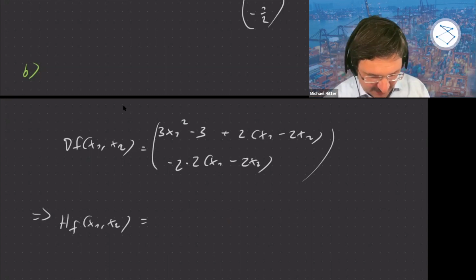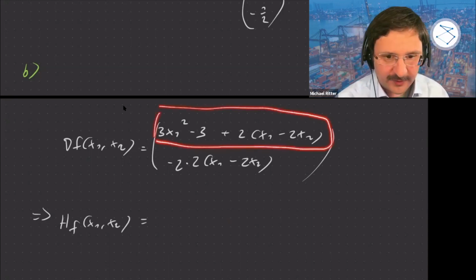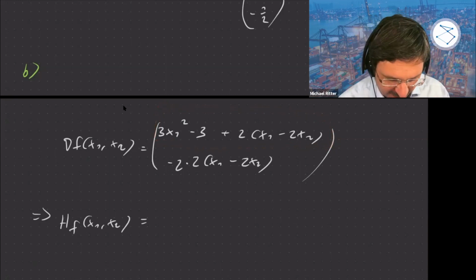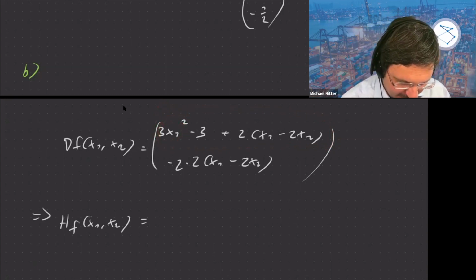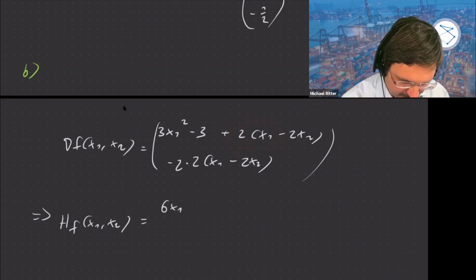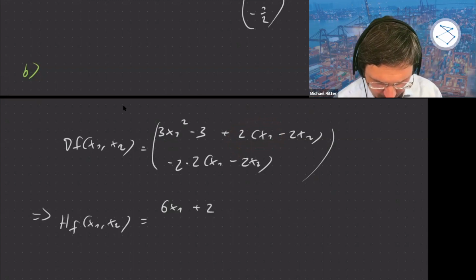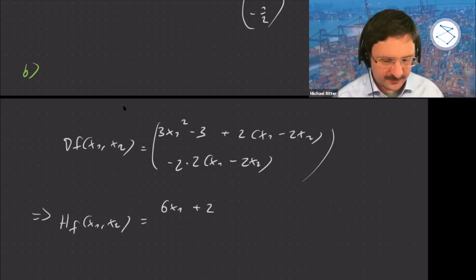If we differentiate this first expression with respect to x1, we get 6x1 here, and a +2 here. And the rest doesn't contain any x1s.